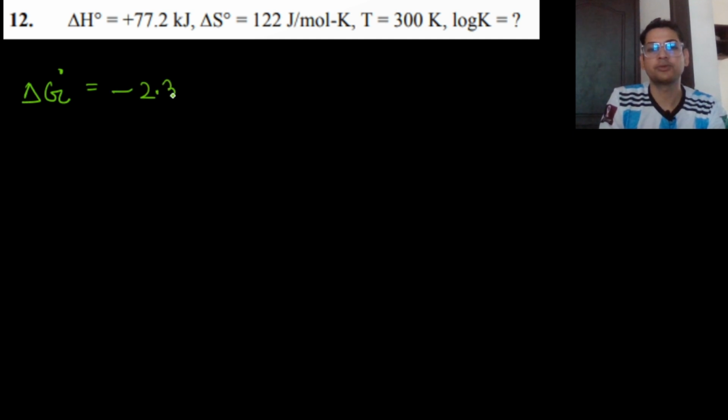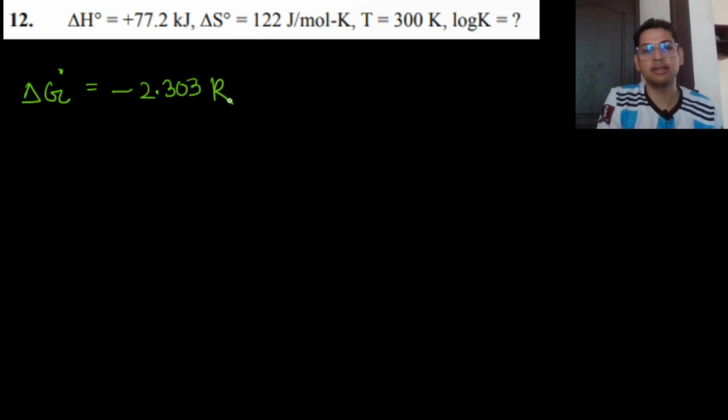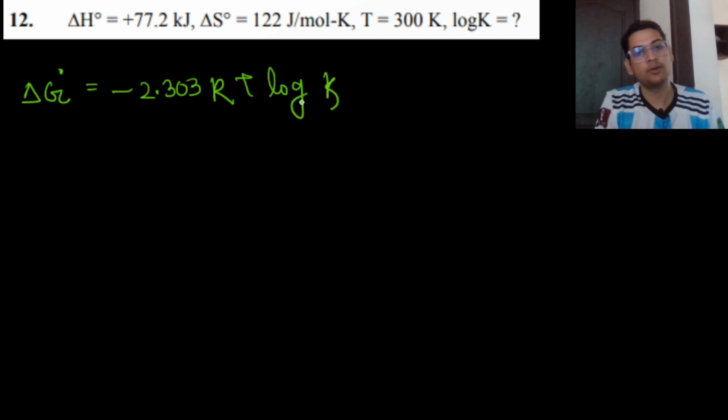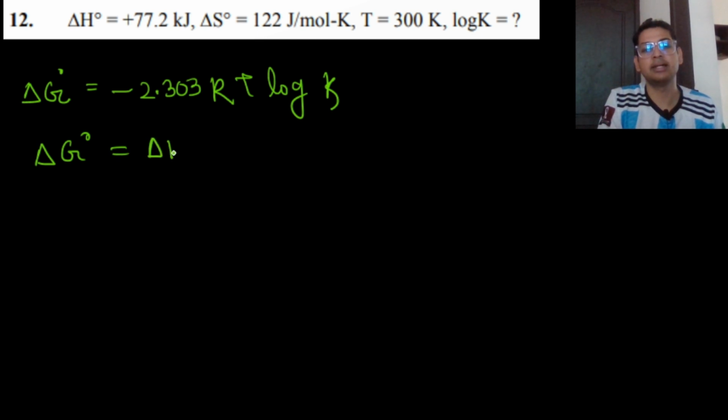So we know that delta G naught is equal to minus 2.303 RT log K. Sorry, minus 2.303 RT log K. And we know that delta G naught equals delta H naught minus T delta S naught.